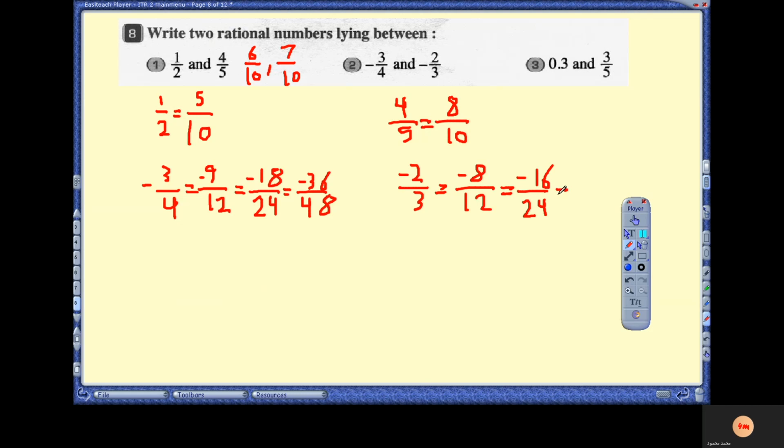And here multiply by 2, it will be 48. And here negative 32. And you can write negative 33 over 48, negative 34 over 48.